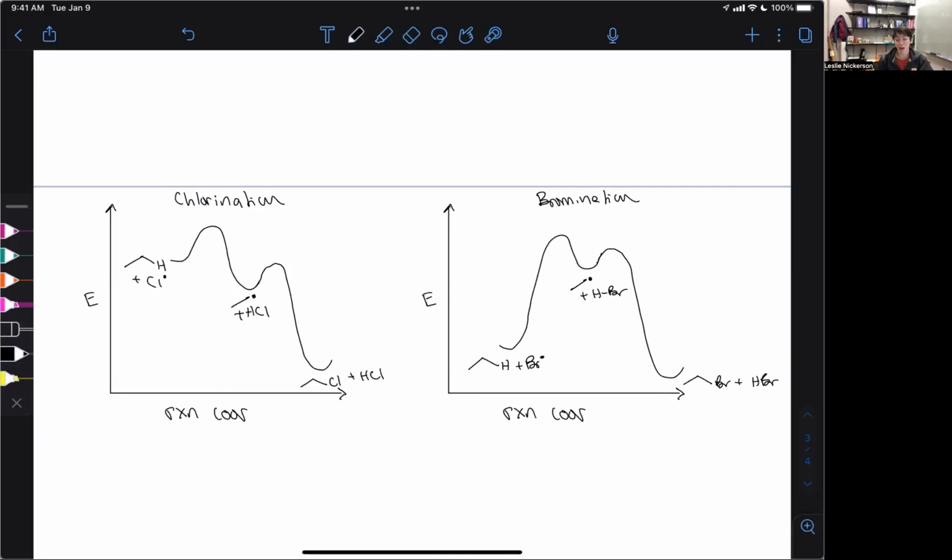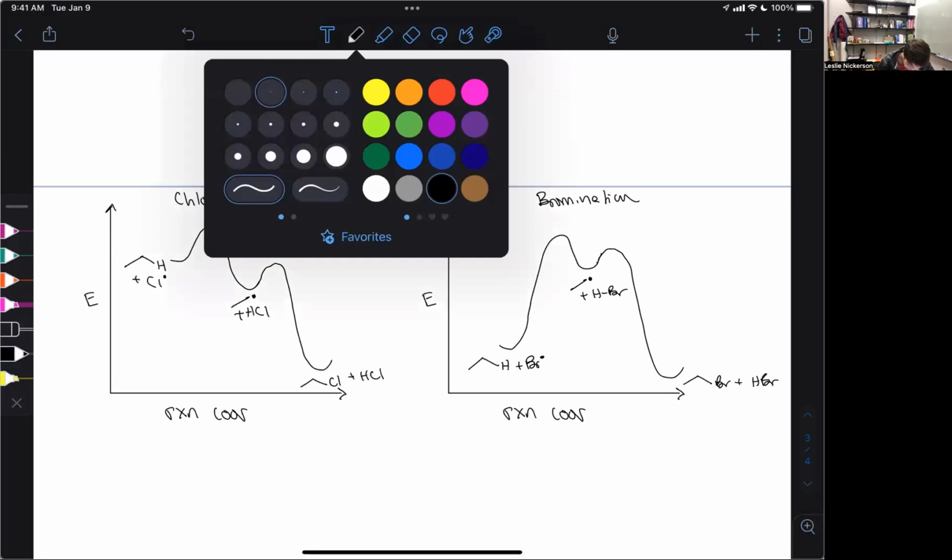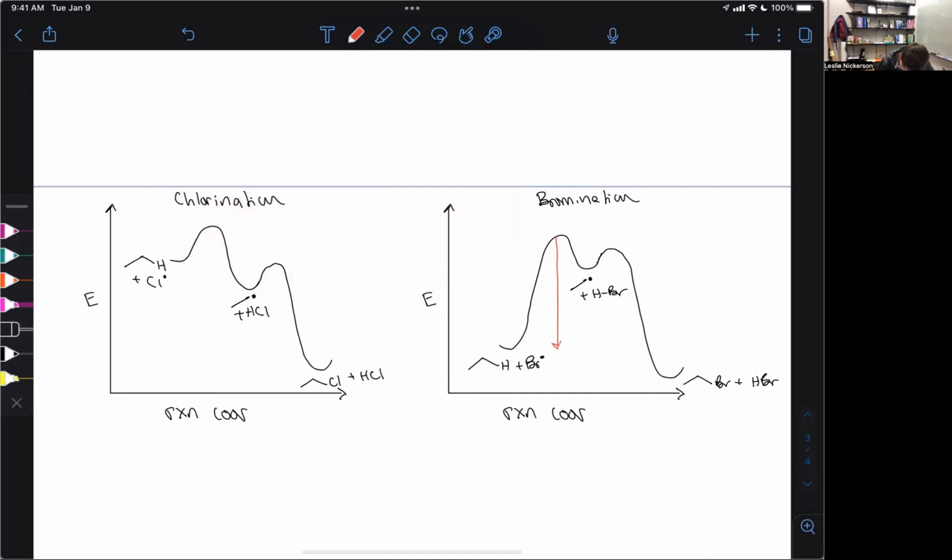Okay, so it's still exothermic, not as exothermic, but this initial step is very endothermic, whereas this one is exothermic.